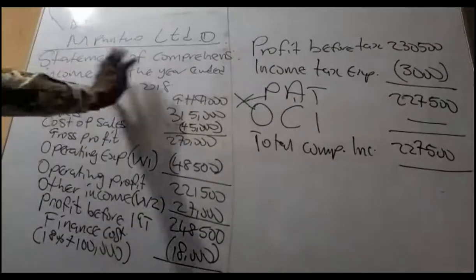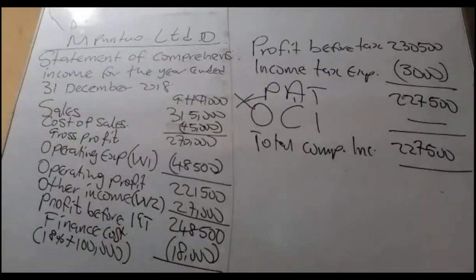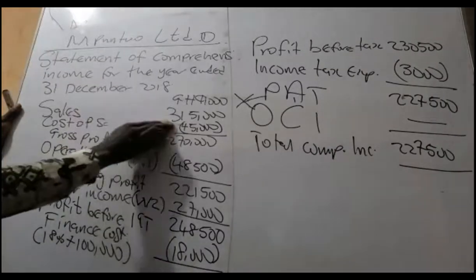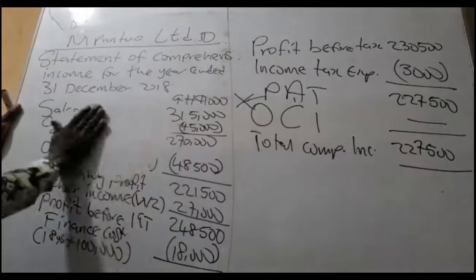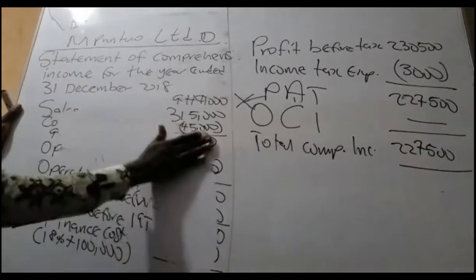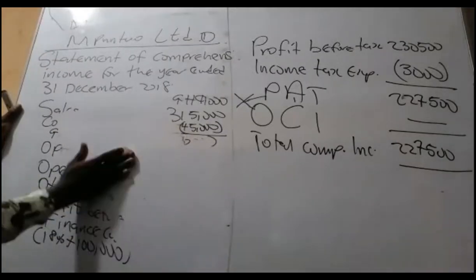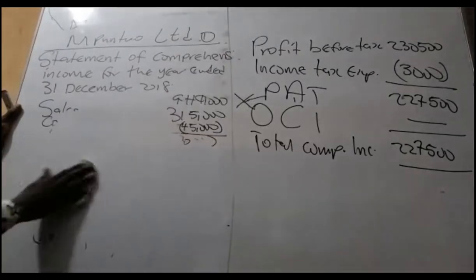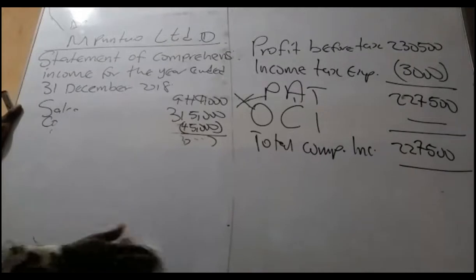Can I take this section off to do the statement of changes in equity? So, okay, that's fine. So that is the end of the profit or loss or the comprehensive income.